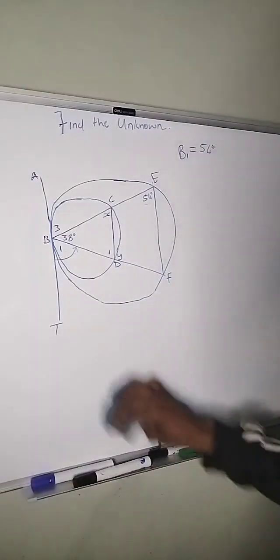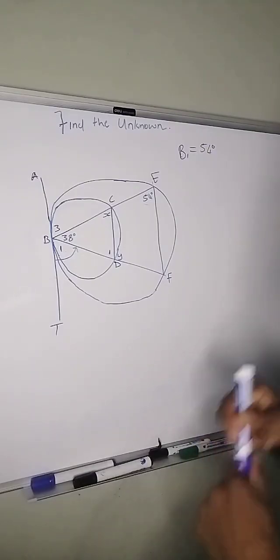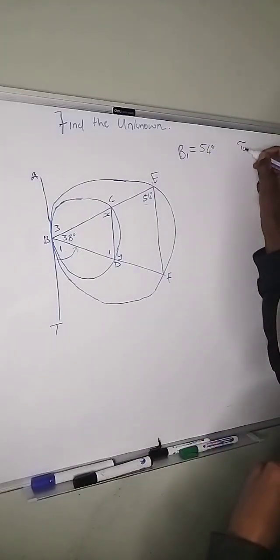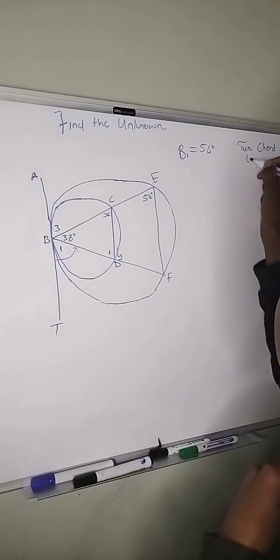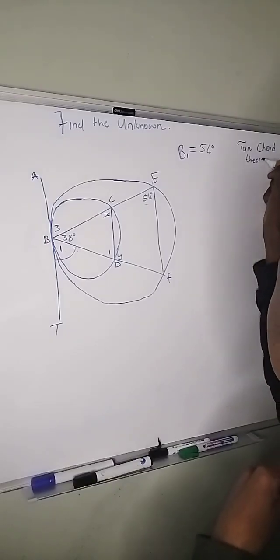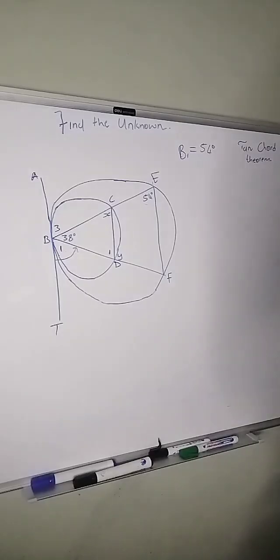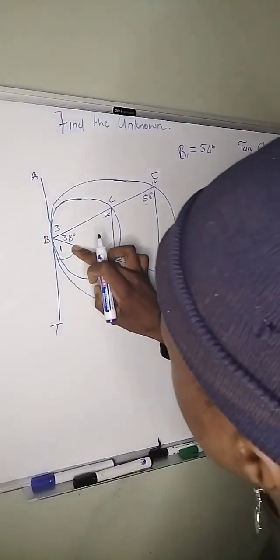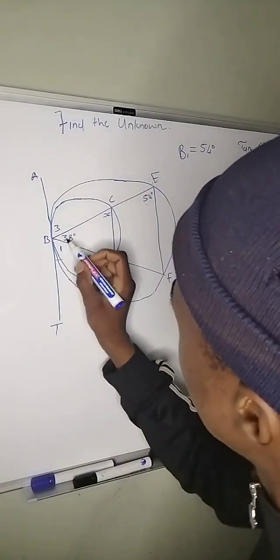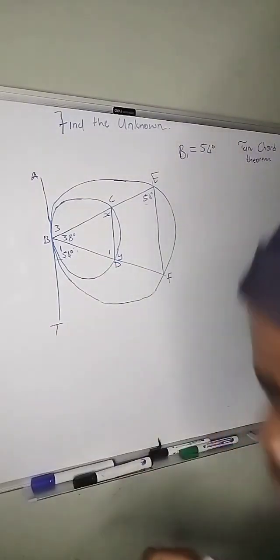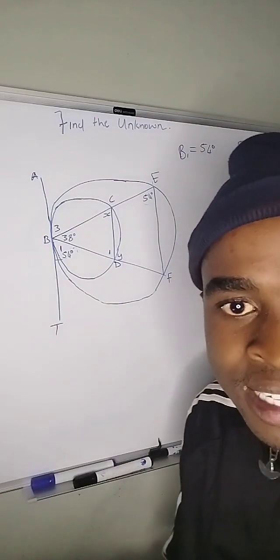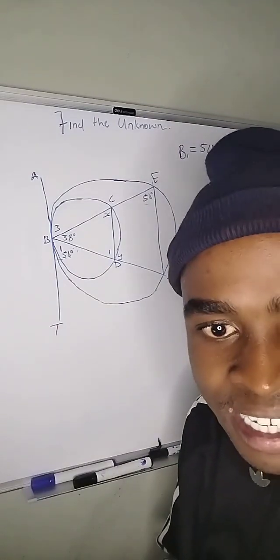So I'm going to start by saying B1 is going to be 54, and the reason: tan chord theorem. Ne? So now we got the B1. B1 is going to be 54. So what is it that we can get?